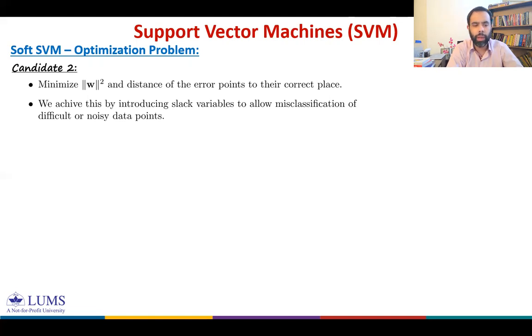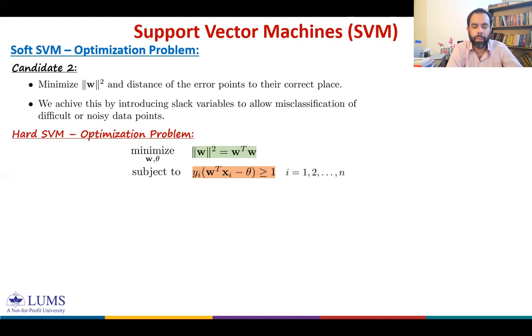Okay, let's look at the formulation of this. In hard SVM, this is the optimization problem we had, and the issue was these constraints. These constraints require all the points to be classified correctly. In soft SVM, we add some flexibility to these constraints.